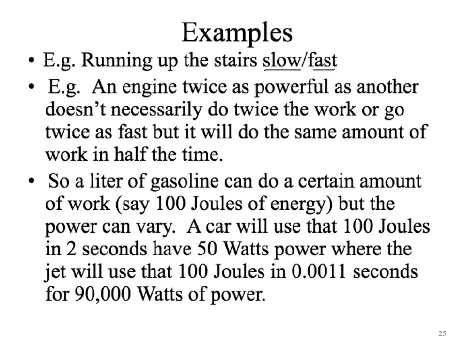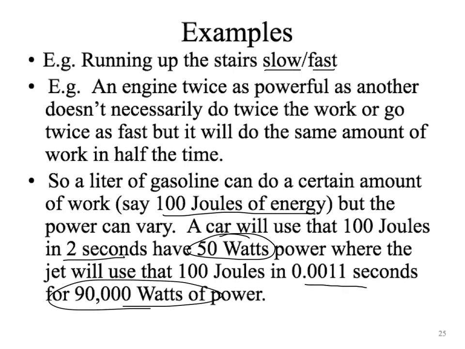So let's give an example here. A liter of gasoline can do a certain amount of work, okay? That's what's contained in a liter of gasoline. But the power can vary. A car could use that 100 joules in maybe 2 seconds for 50 watts of power, where a jet plane would use that 100 joules in a much shorter time because it has a lot more power. So you're used to engines being more powerful than other engines.